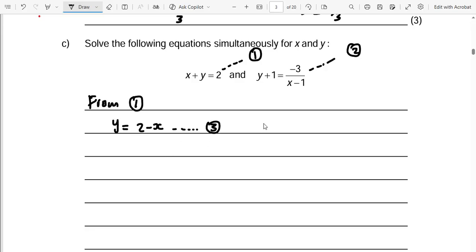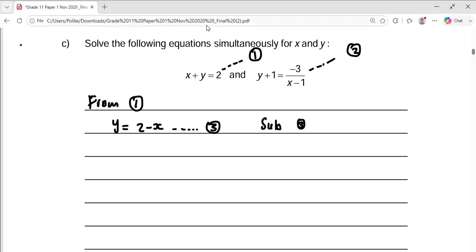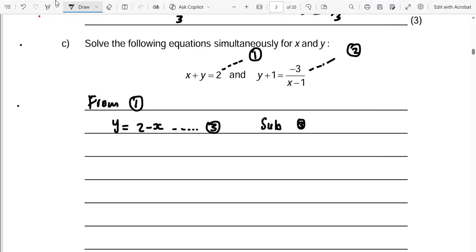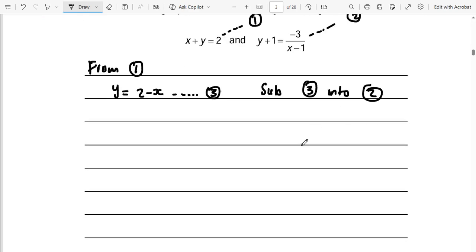So we're going to substitute equation 3 into equation 2, meaning that on equation 2, where you see y, we're going to put the 2 minus x.